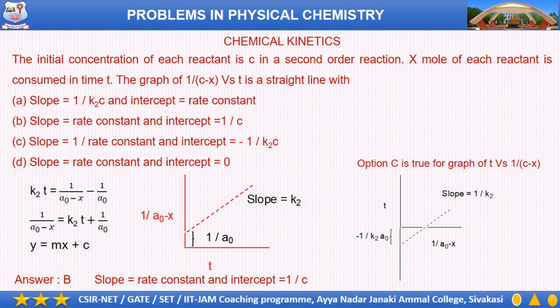You can also make use of this representation and find out whether the slope is equal to 1 by K2, or K2, or minus K2, or anything else along with it. This is the way you can apply the equation for any order of the reaction. Okay, this is the graphical representation.